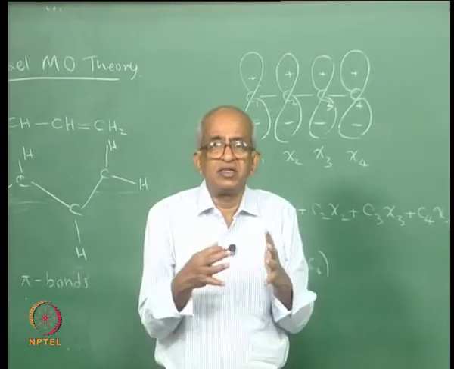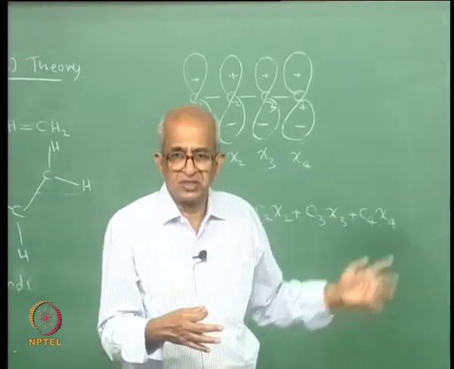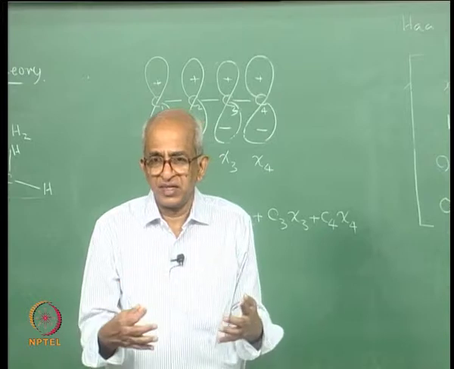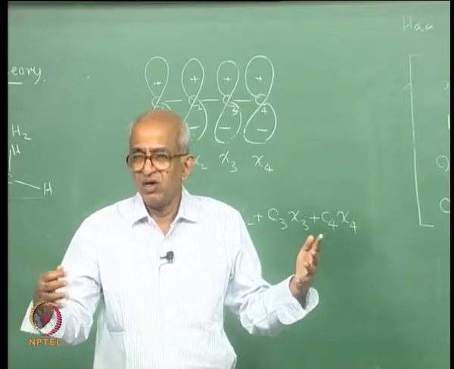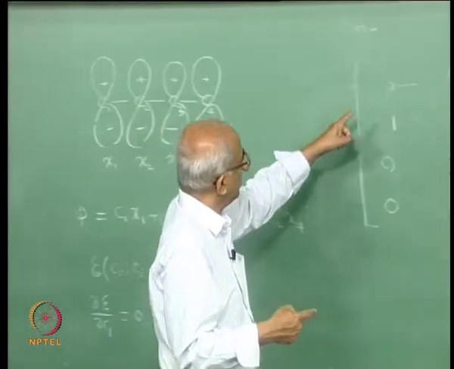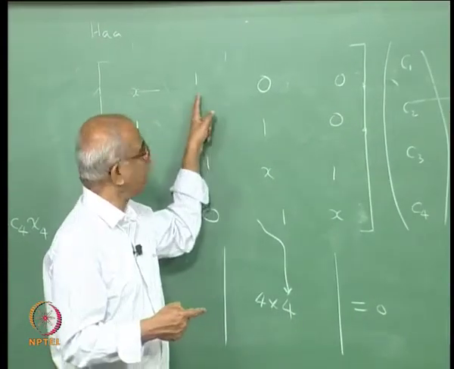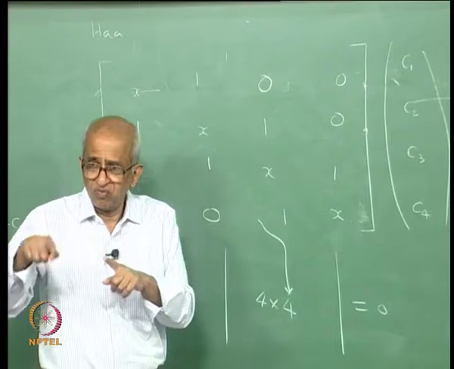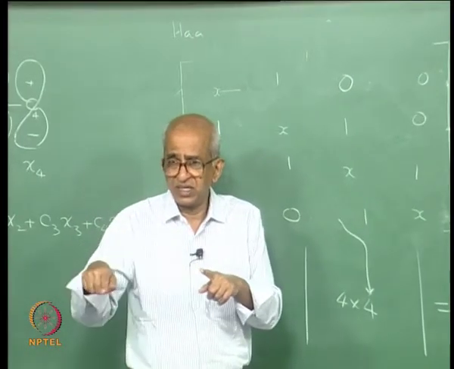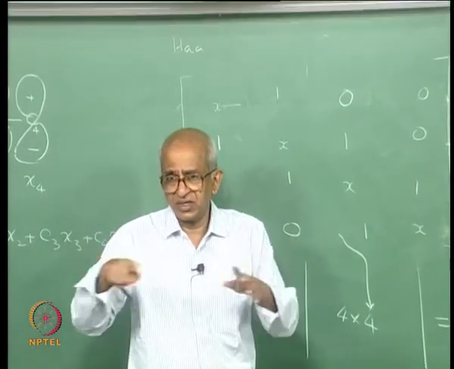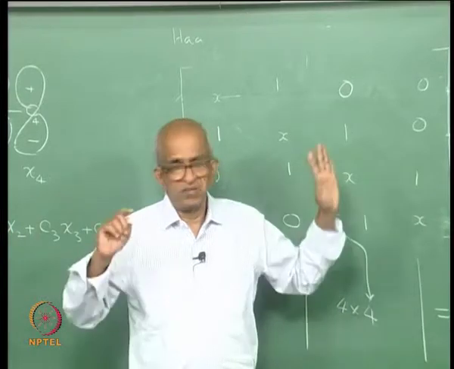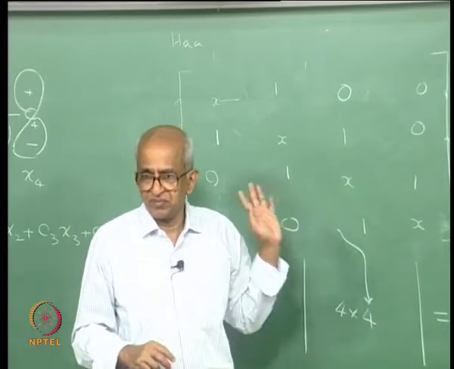If you wanted to write the matrix, which is usually referred to as the Huckel matrix for any system, all that you need to do is you fill up with x along the diagonals, and you put a 1 if atoms are nearest neighbors. If they are not nearest neighbors, then the matrix element is going to be 0.